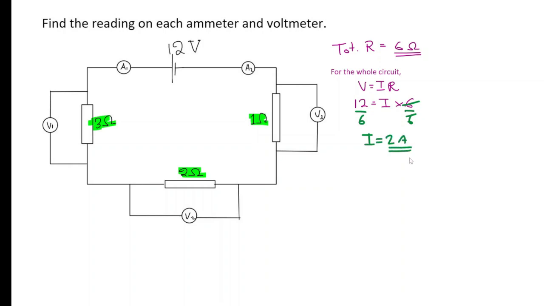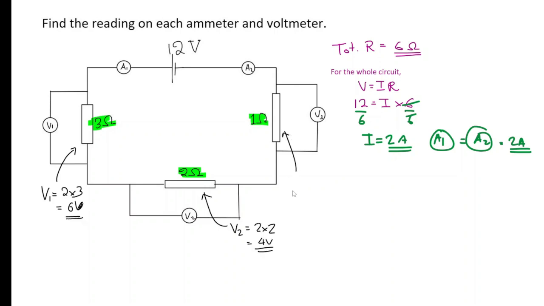So both A1 and A2 are 2 amps. Now for each resistor you can separately write V is equal to IR. So for this one, V1 is I, the current is 2, R is 3, 2 times 3, 6 volts. Same thing for this one, V3 is equal to 2 times 1, 2 volts.